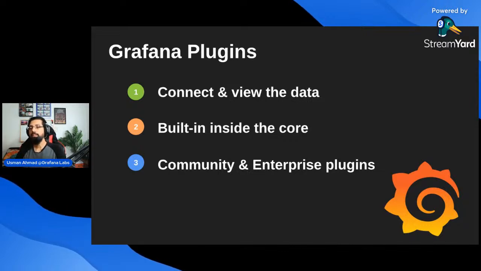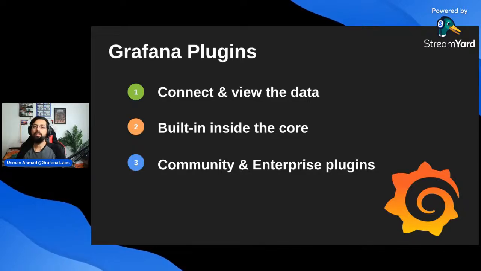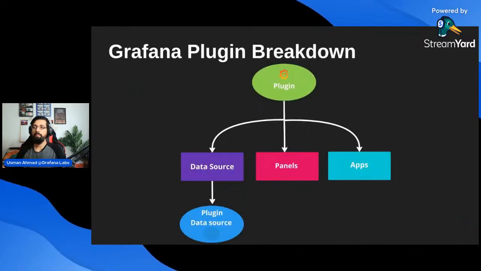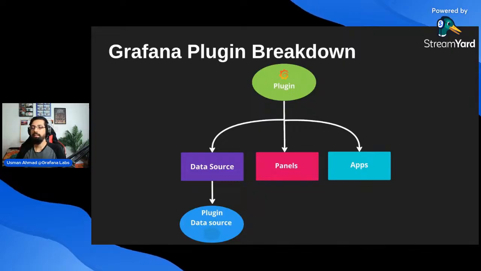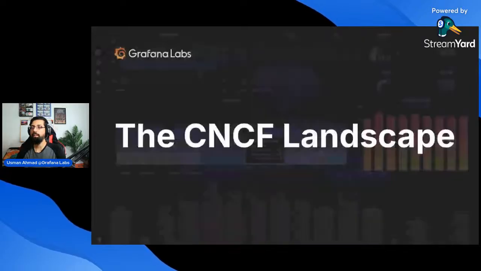And also we have a big amount of contribution from our community. If they have written some amazing Grafana plugins, you can use them. And this is the breakdown. Plugins can be defined as data sources, panels, and apps. And then there's the data source plugin, that's just an example.